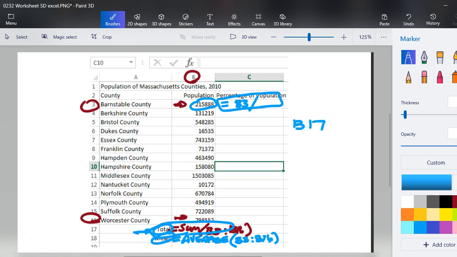But what they're asking us to do is to use the relative and absolute cell references, which are going to lock in the total and not allow it to change. And so we would need to type in something like, and this will vary, but I'm going to go the lazy one and just put $17, telling it we want to lock in that total.